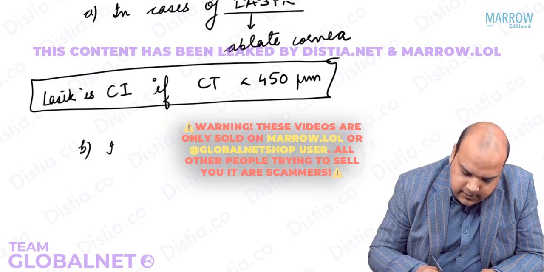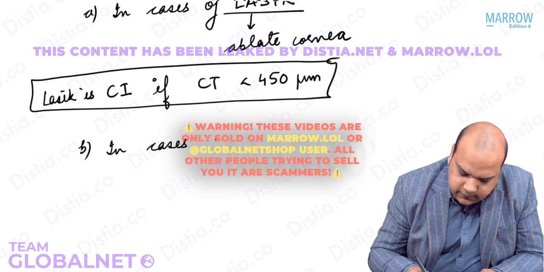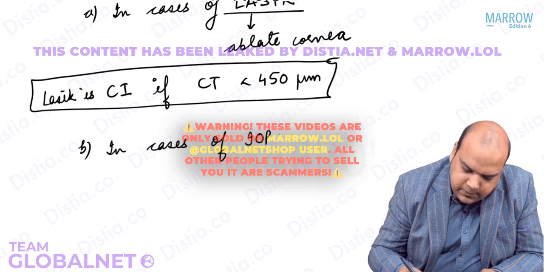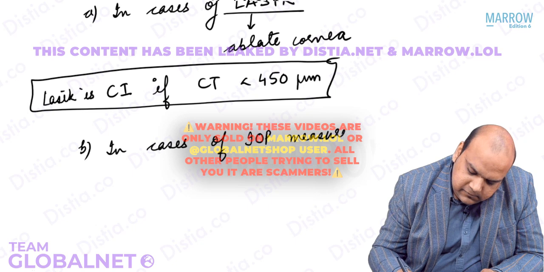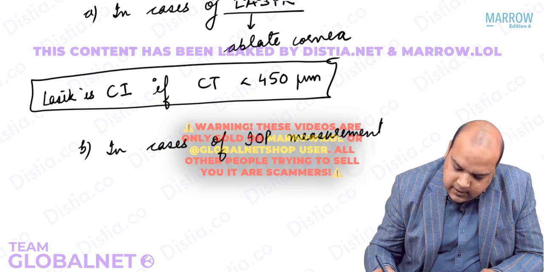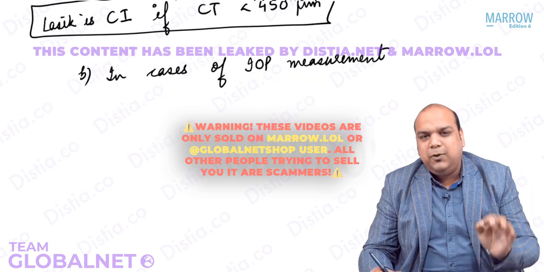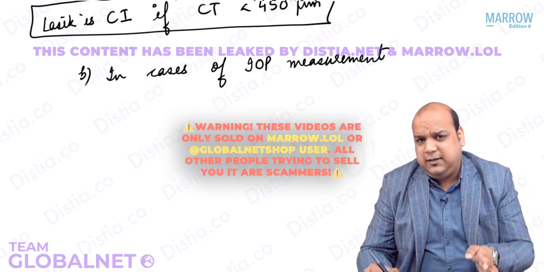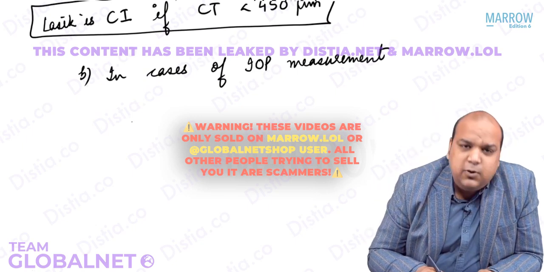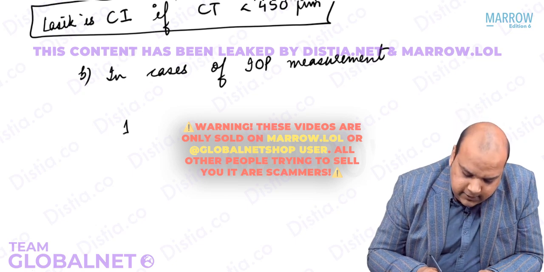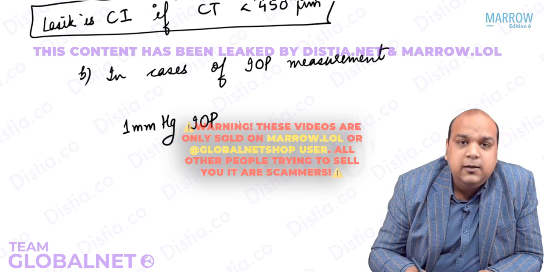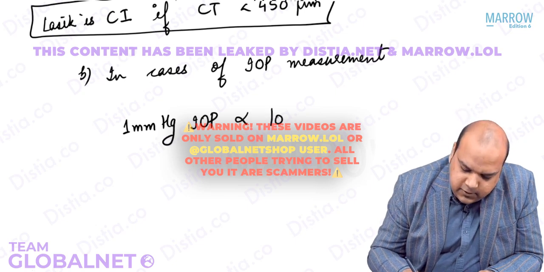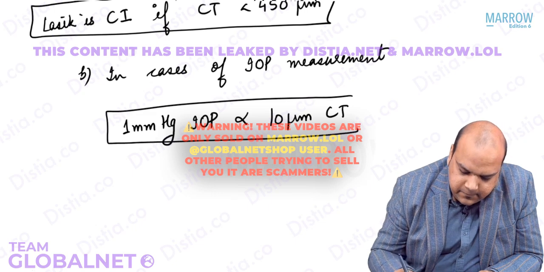Secondly, in cases of IOP measurement, when you are getting a borderline IOP, high or low, then you need to think about the corneal thickness. Why, everybody? Because as we should know, 1 mmHg IOP is directly proportional to 10 micron corneal thickness.